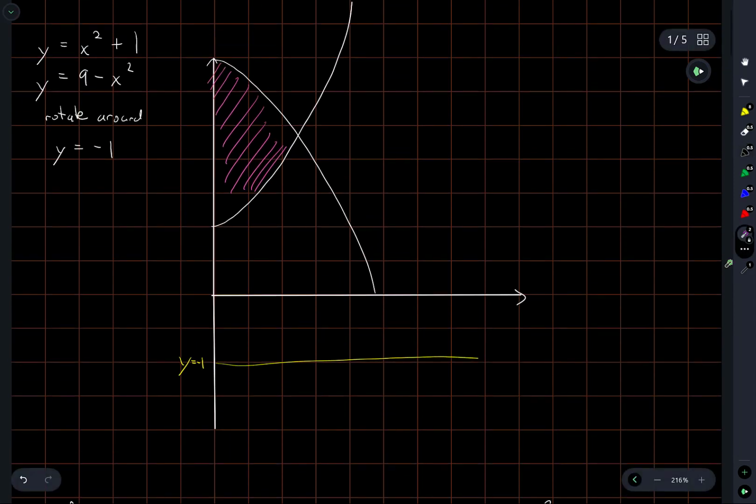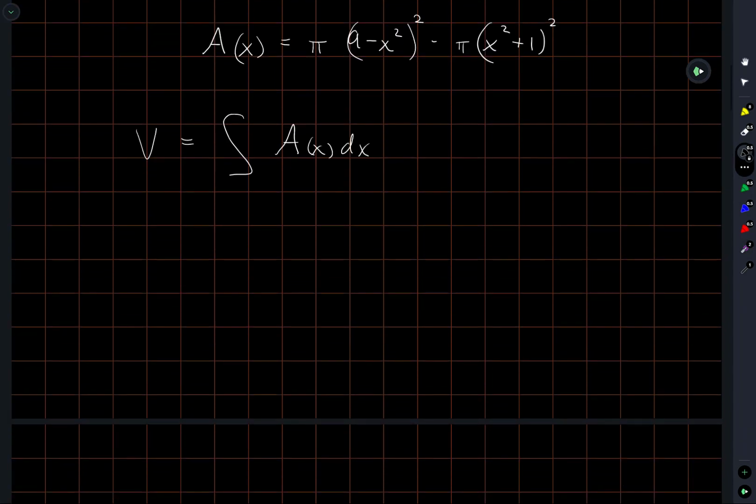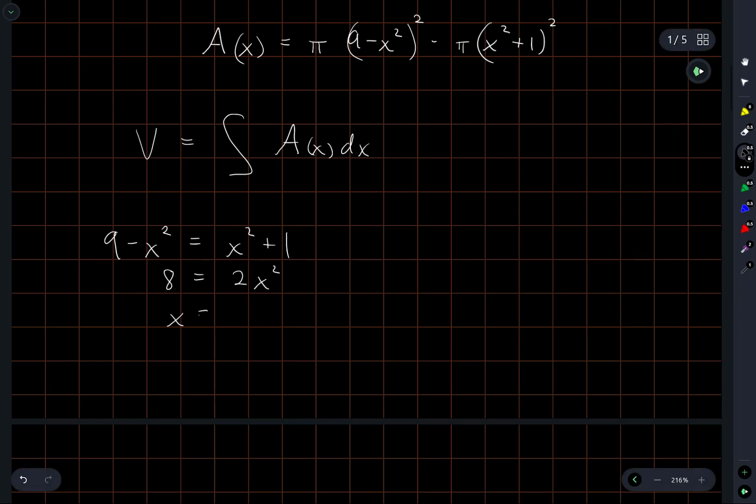So I need to find the value of x where these curves intersect. So I want 9 minus x squared equal to x squared plus 1. This gives me 8 is equal to 2x squared, and so x is equal to plus or minus 2.